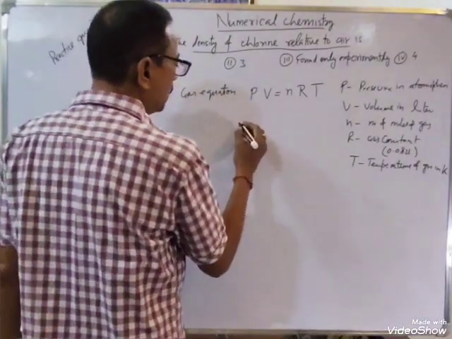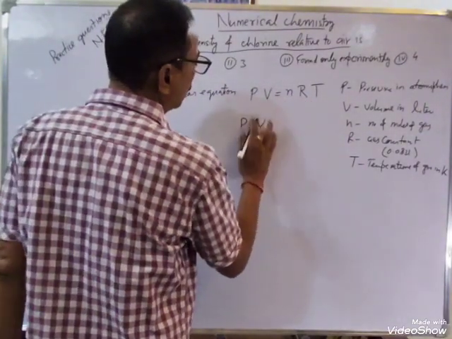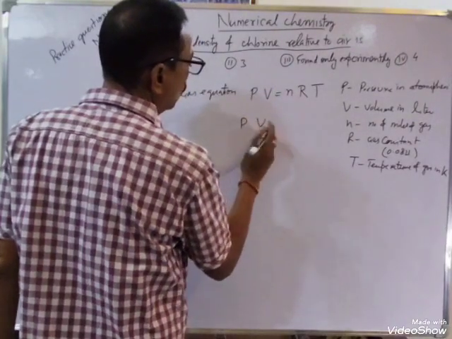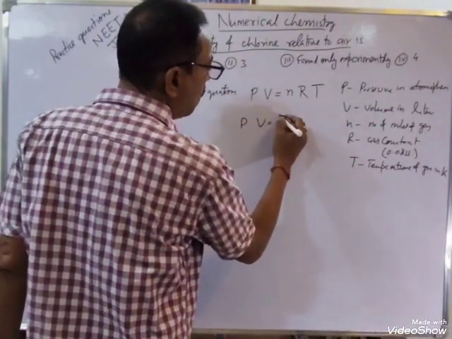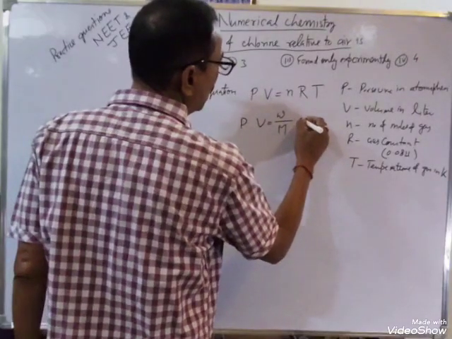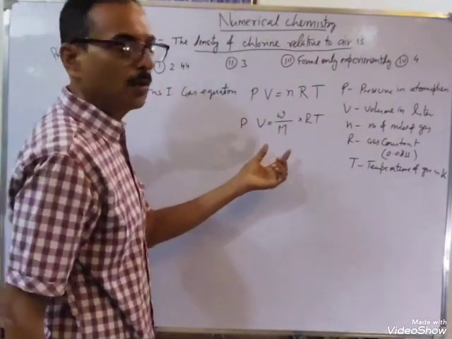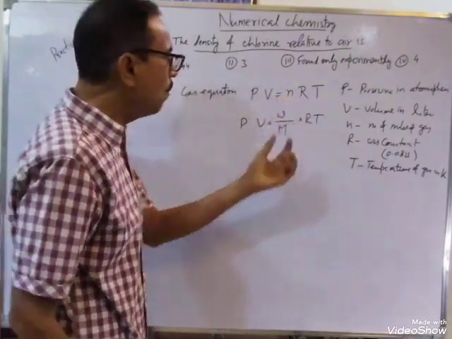So PV equal to nRT. The number of moles is written as weight divided by molecular weight, so PV equal to W by M into RT. Weight by molecular weight for any gas is the number of moles.